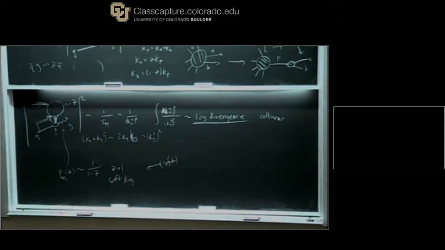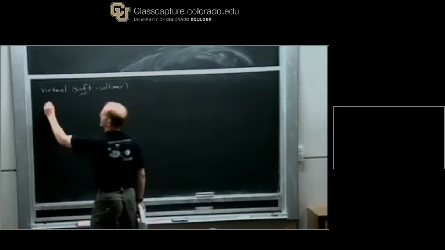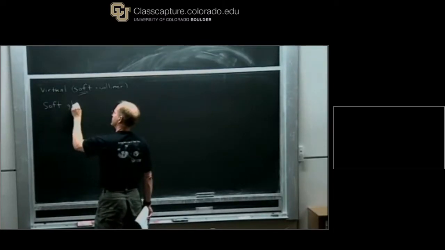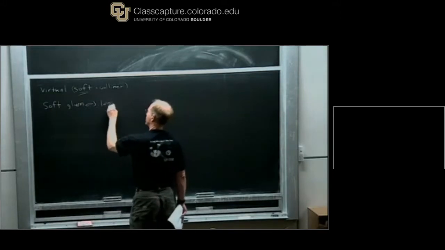So I wanted to then talk about the virtual divergence, focusing on the soft or the soft plus collinear overlap. But if we have a very soft gluon, then that should be something that's very long wavelength.